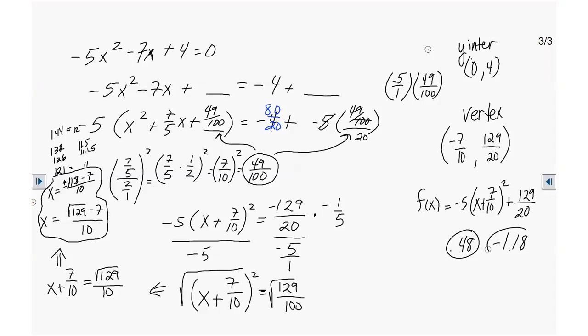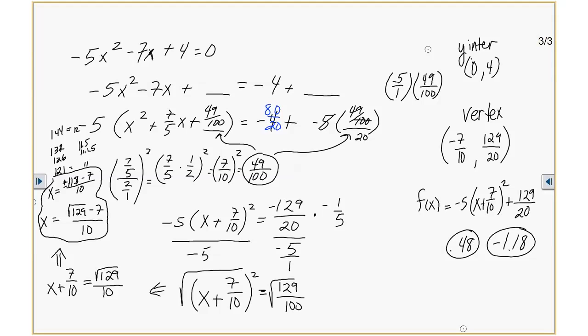Did anybody check the square root of 129 for me, or what? 11 point what? I got something wrong. I got something really wrong.